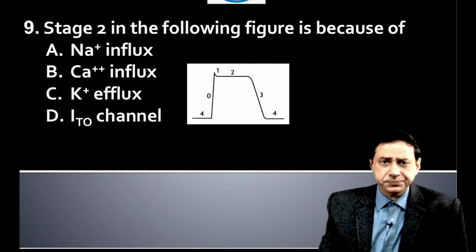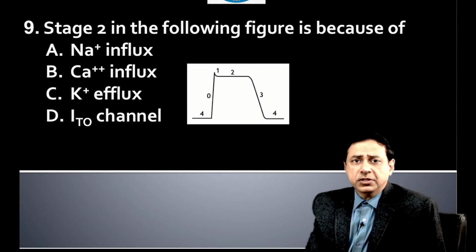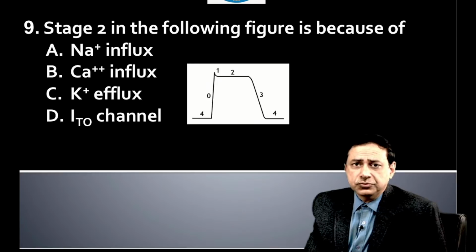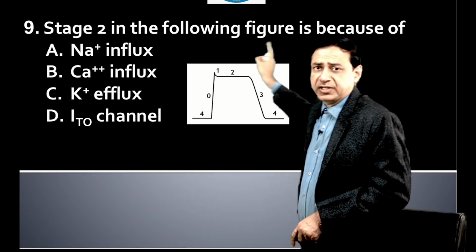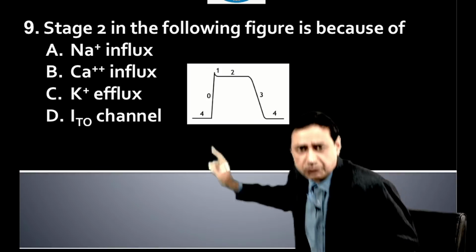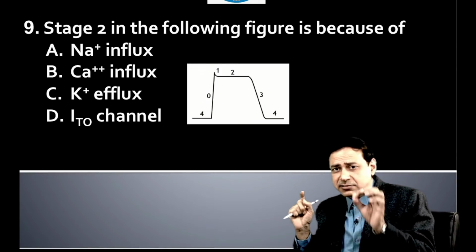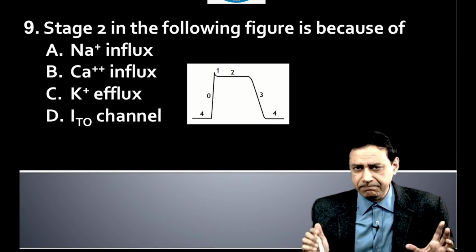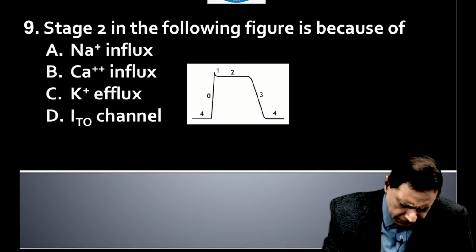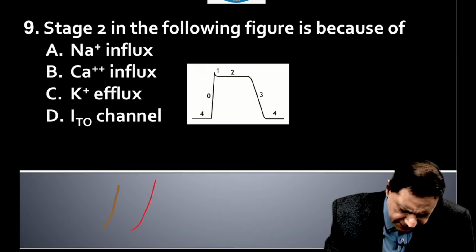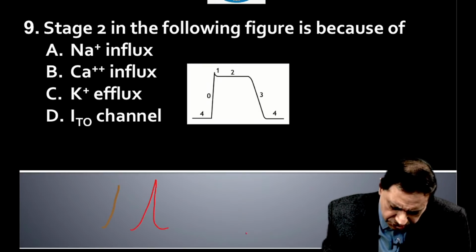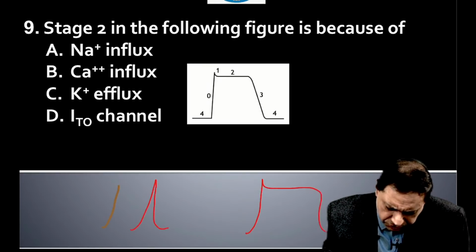Just see the next question. Stage 2 in the following figure is because of what? What is this? This is the action potential of a ventricular cell. Action potential of skeletal muscle is like this. Action potential of the cardiac tissue is like this.